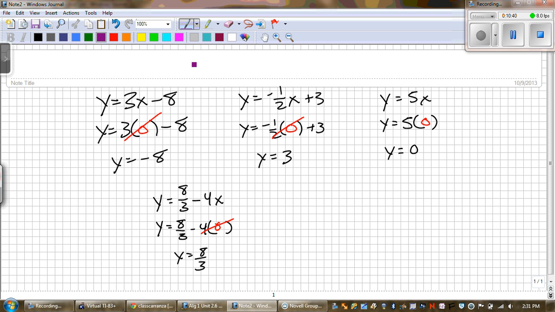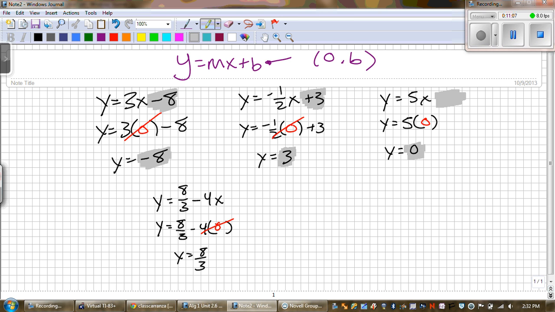Now, I want to look at something right here. We said that y equals mx plus b was the equation. And our y-intercept is (0, b). Let's take a look. Our answer for this was -8, but what did we start with up here? Isn't that the same? Our answer was 3, but up here we had a +3.